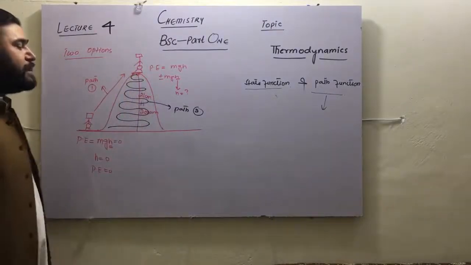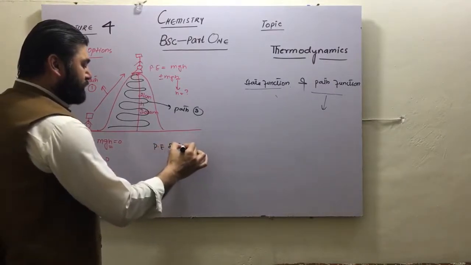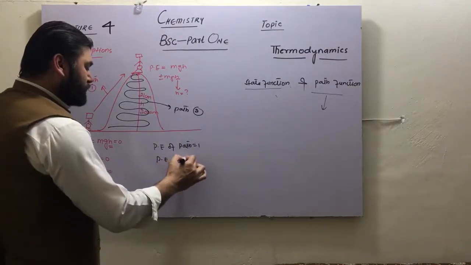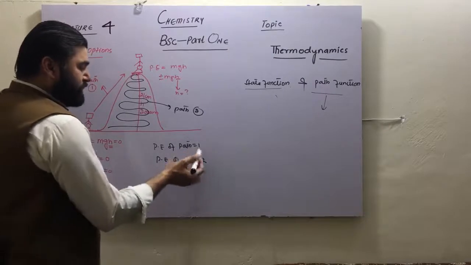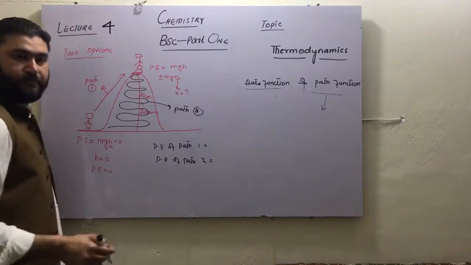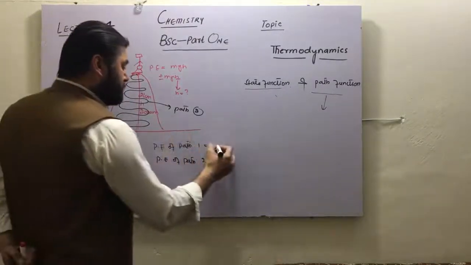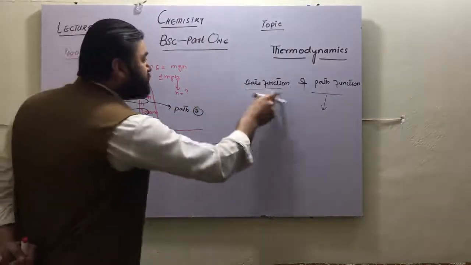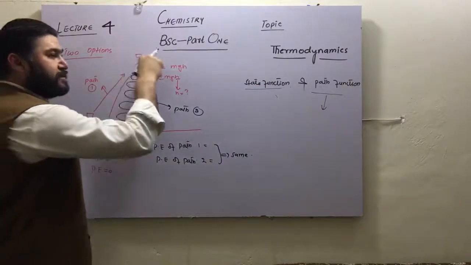Now, if somebody asks you what is the potential energy of path 1 and what is the potential energy of path 2, is it the same or different? It is the same. Why is it the same? Because a state function only tells you the initial and the final state.